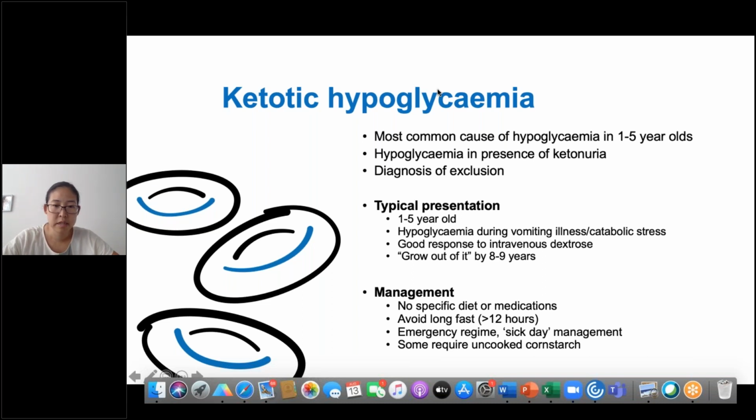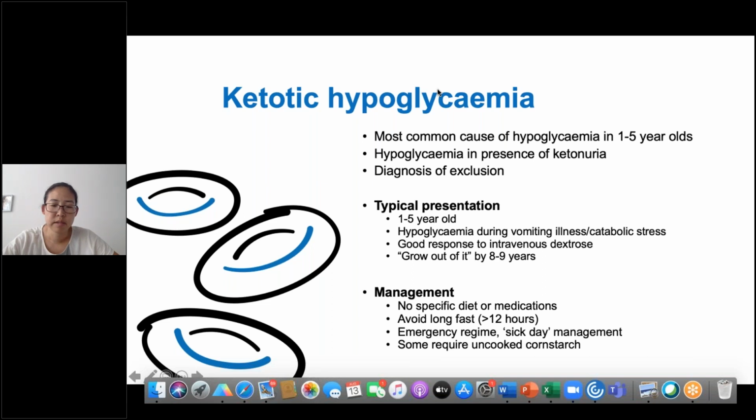This is one of the easiest metabolic conditions to manage. Only a small percentage of children have very problematic hypoglycemia. There are no specific diets or medications. We just tell them to avoid long fasts. We send them home with an emergency regimen, which consists of a glucose polymer, things like SOS, Maxijul, Polycal, that kind of stuff.